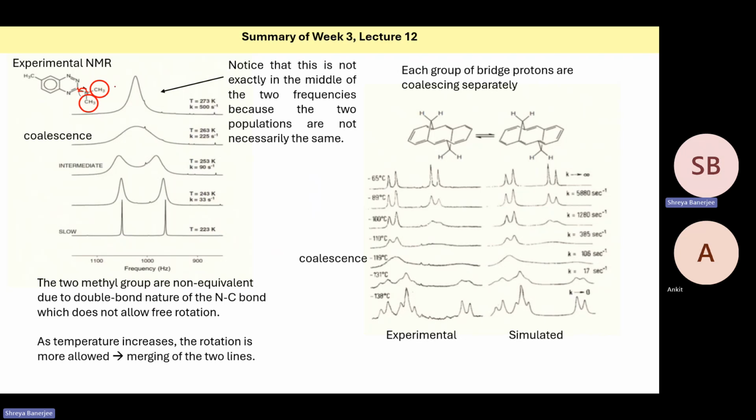One you can consider as cis to this N double bond N, and one is trans to that N double bond N. So the chemical environment is clearly different. These two will appear as two different signals in the case of slow exchange. Now, as the temperature increases, the rate of, I'll just remove this.